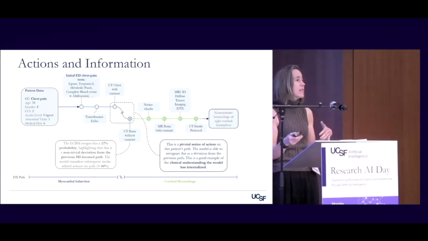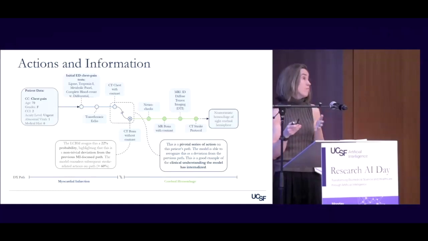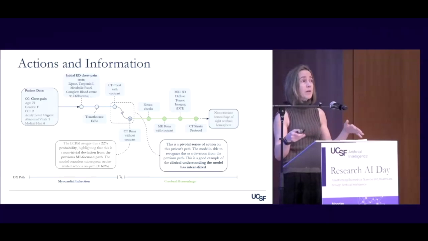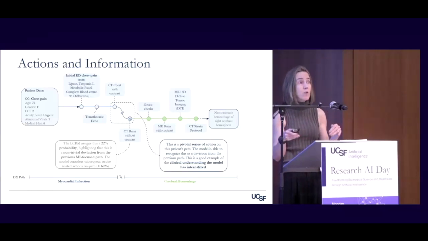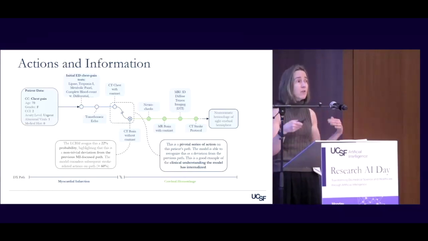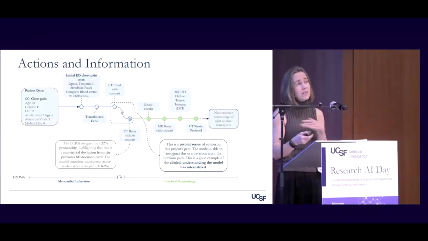If we follow this patient along, we see something interesting happen. They're coming in and they're getting a typical MI workup. But then all of a sudden, a CT of the brain is ordered. Before it saw that CT, the large clinical behavioral model didn't think that was very likely. It gave it a 22% probability. But once that happened, it was able to pick up that that was a pivotal order, a pivotal action, and use that information to then go on to predict a totally different diagnostic trajectory based on cerebral hemorrhage.